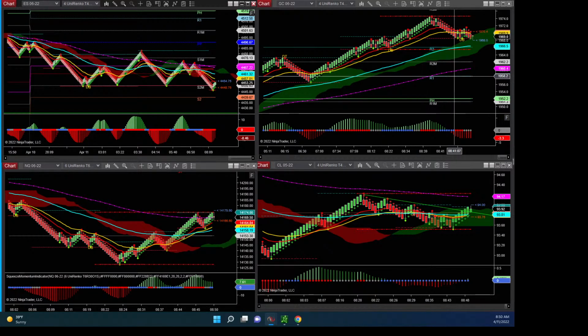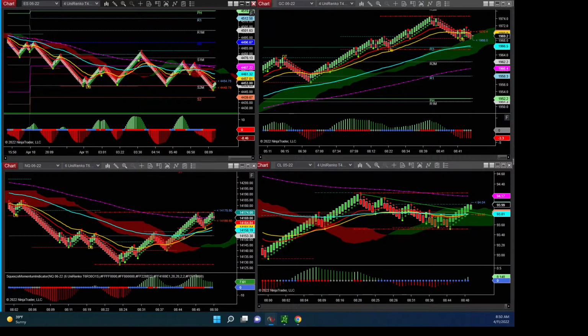So gold coming down, see? Now it's in the cloud. And crude is confirming the move to the upside now, just below the 200 moving average.